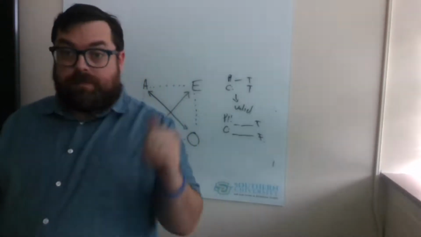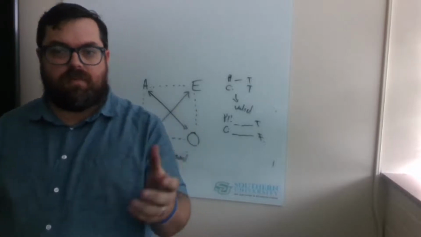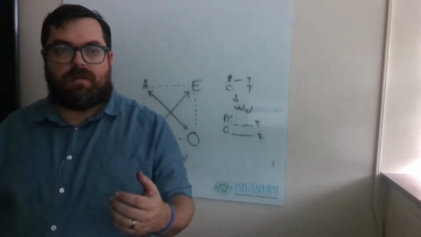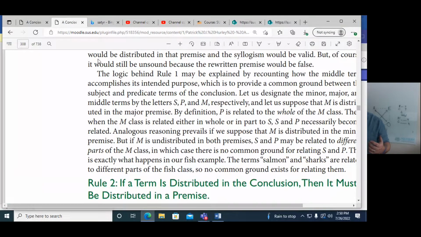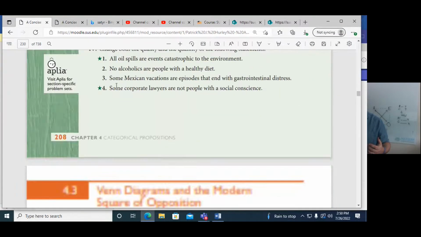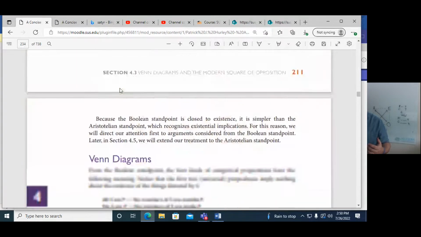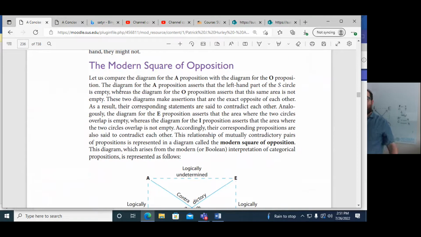Okay, so let's take a look over here. Let's actually go to the book. There's going to be some more visual things that we can see. Concise Introduction to Logic. Where are we over here? This is 4.3. So this is the modern square of opposition.